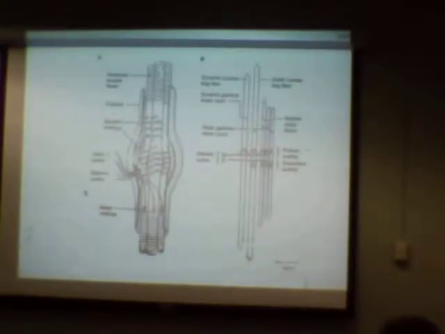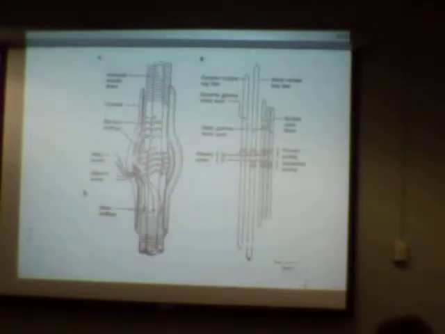And you can see on here, we have a static gamma motor neuron and a dynamic gamma motor neuron. As you'd expect, the dynamic gamma motor neuron goes to the dynamic bag fiber, which is the far left one on here.